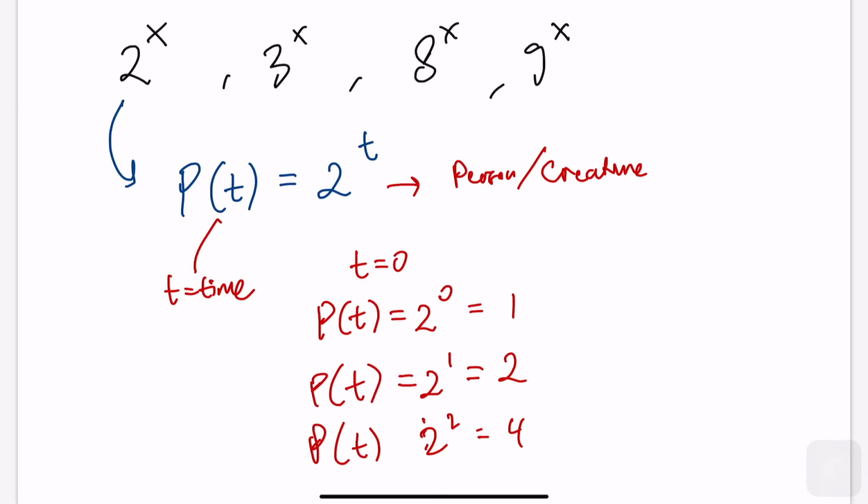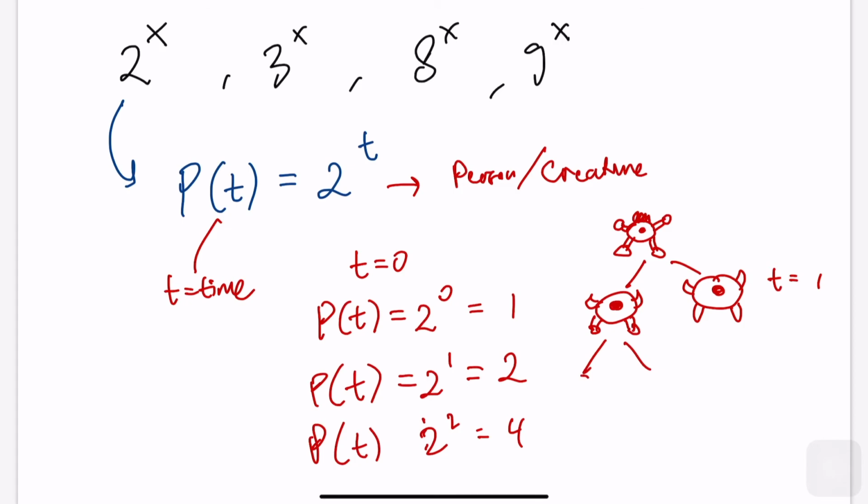Imagine you have the creature here, a very cute creature, and then it's doubling. It's also doubling at t equals 1, and then keeps doubling.